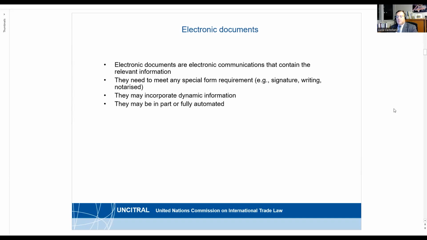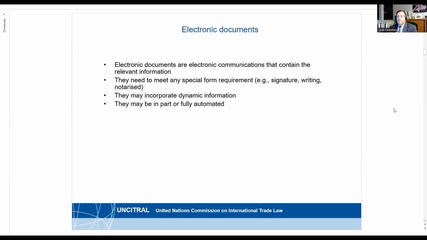But electronic documents may also go beyond what is already there. That is to say, for instance, they may incorporate dynamic information originating from oracles. This is the Internet of Things. This is something that obviously is not possible to do on paper. Or they may even be in full or in part automated, which means this is the issue of smart contracts.